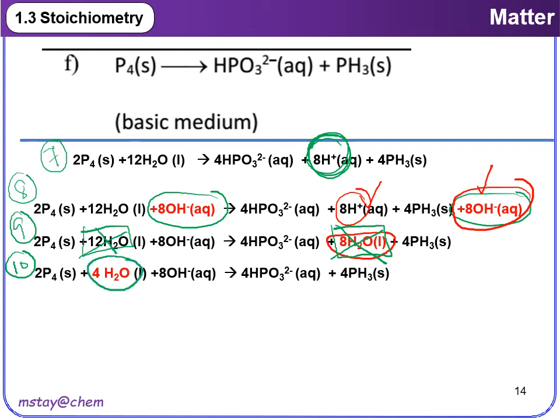The others remain. So this is the final answer for the redox equation in basic medium. You will see at the end of the answer we only see OH negative, but there is no H plus, because OH negative represents basic medium.